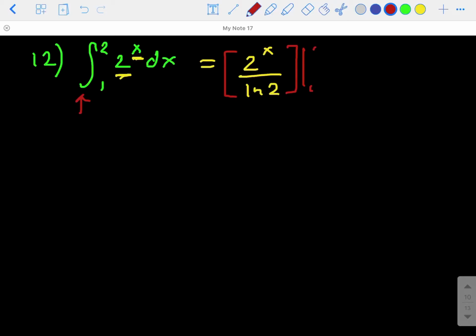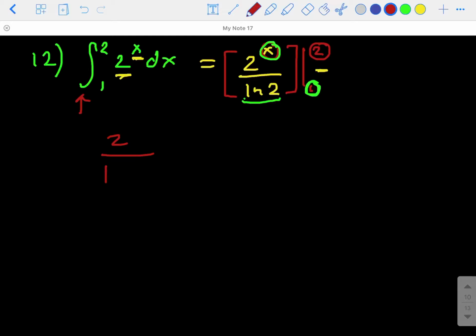This is from 1 to 2. When you're applying the bounds, you have to copy and paste the 2 wherever you see x, subtracted by, copy and paste this inside part, the yellow, and replace x with the lower bound. So I'll show you what that looks like.